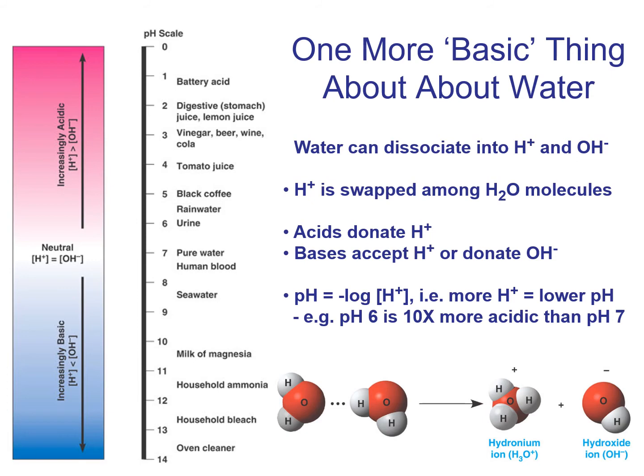If we compared urine and tomato juice, tomato juice is 100 times more acidic than urine. It has 100 times more free hydrogen protons than urine. And when I say free hydrogen protons, what I mean is they're unbalanced by hydroxyls. So we don't have enough hydroxyls to balance out those hydrogen protons.